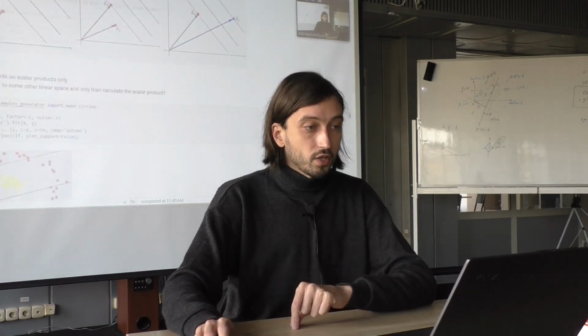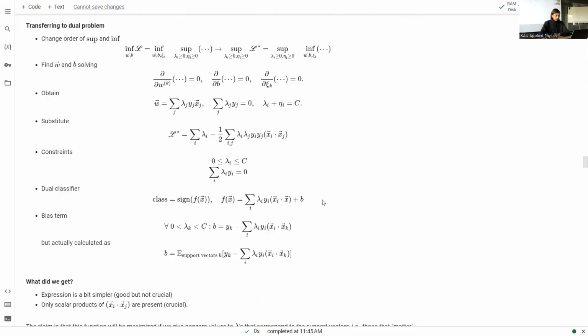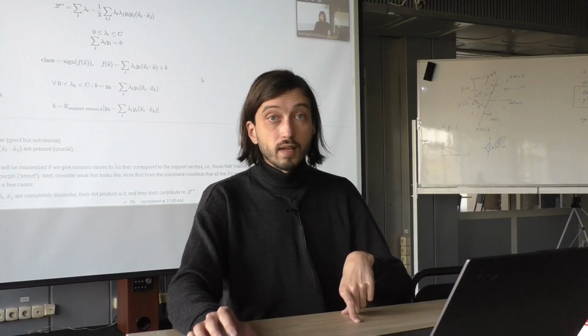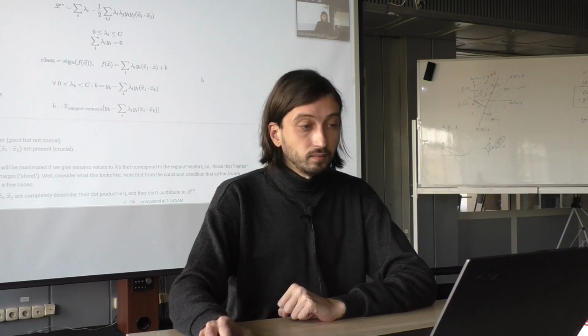All our equations regarding support vector machine in the dual form contain only scalar products. So in some sense, I do not need to know where exactly my vector x is transformed to. I just need to know how scalar products are transformed. And that's a very crucial idea.